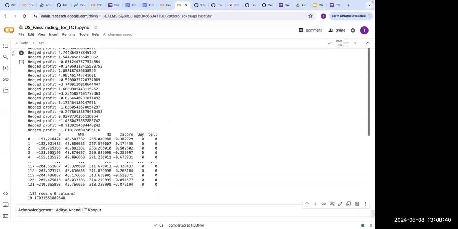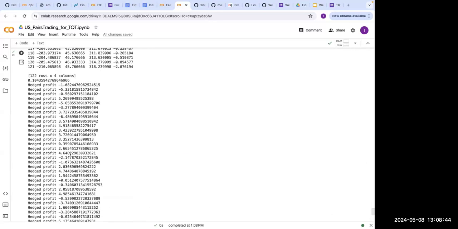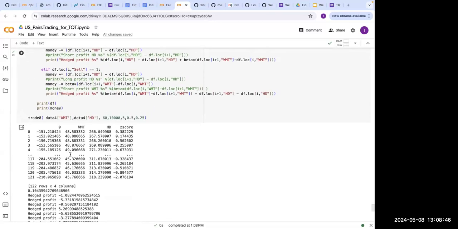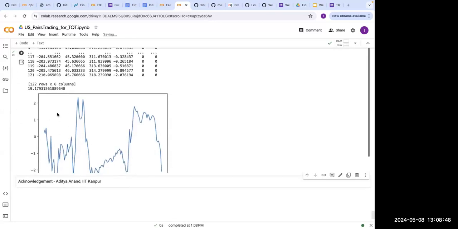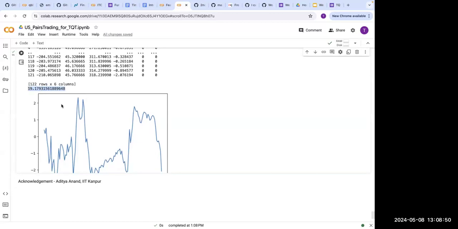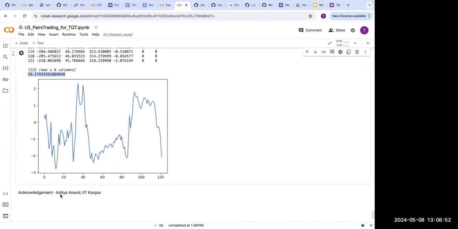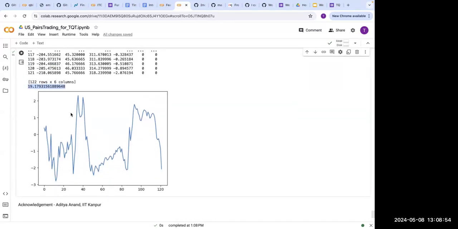Currently I've used a different date than previously used, but still I'm making a profit of about $19 on this, based on the same strategy. Here you can see reversions: even though there was a huge peak, it was followed by a huge down, and then again peak, and then again.